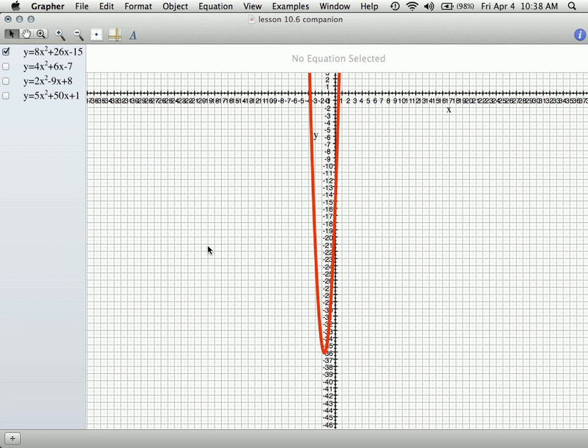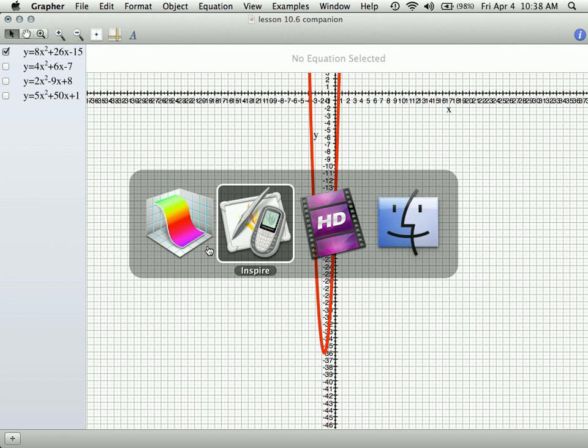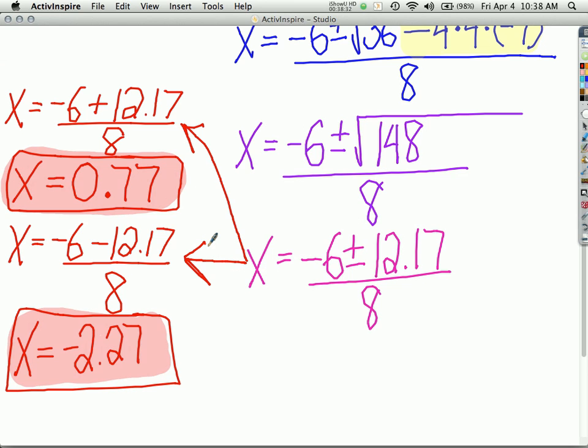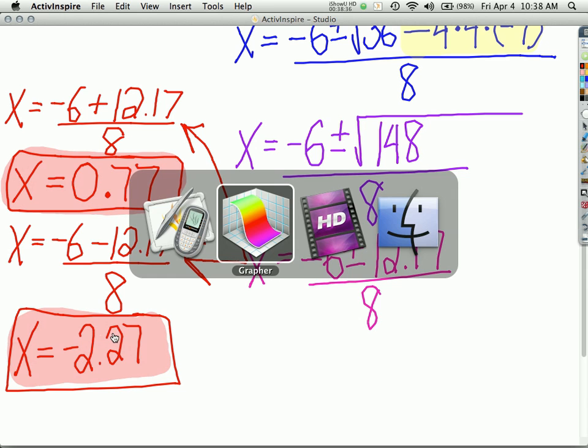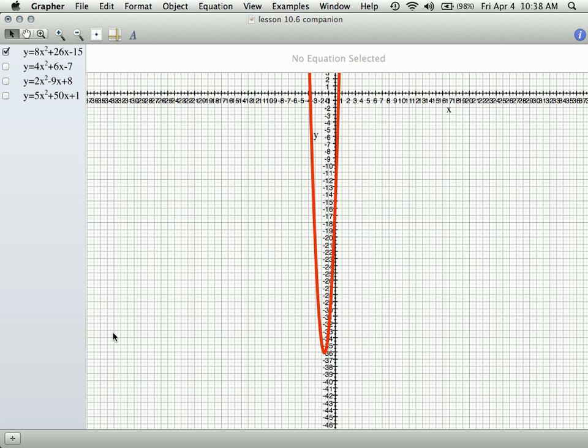So could someone tell us how these, this, and this relate to this? To be quite honest with you, I should see every single hand up, because every single person is supposed to know. It's where it touches the x-axis.